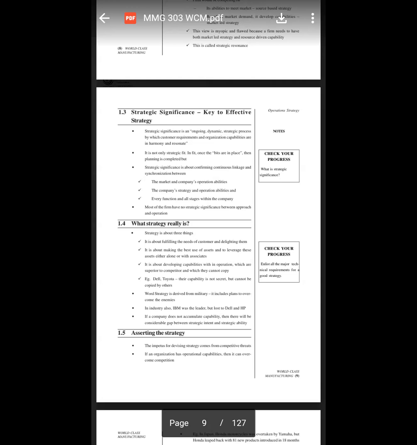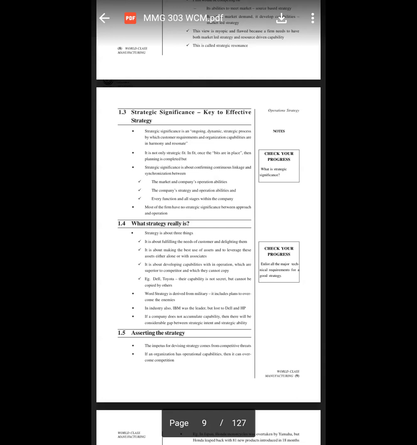Now let us discuss the strategy implementation in the market. Strategy signifies an ongoing dynamic and strategic process by which the customer requirements and organizational capacities are brought into harmony and resonate. It is not only the strategic fit.